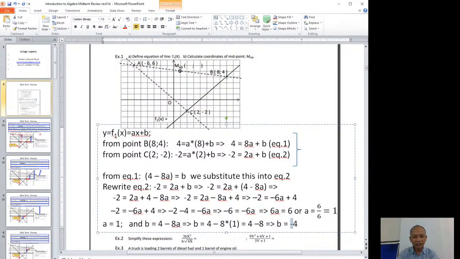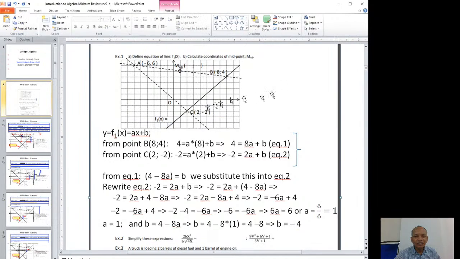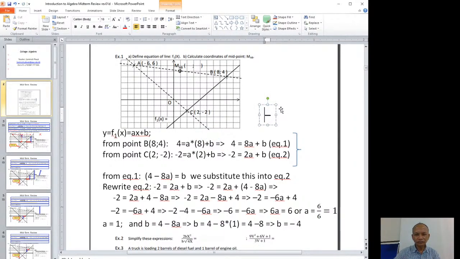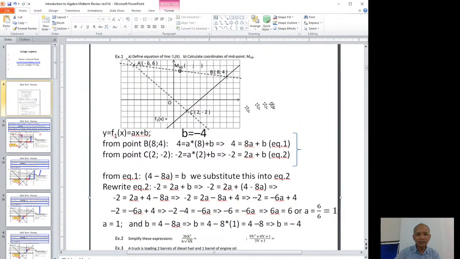Okay. In the picture here, b is here: b equals negative 4, the intercept, below.